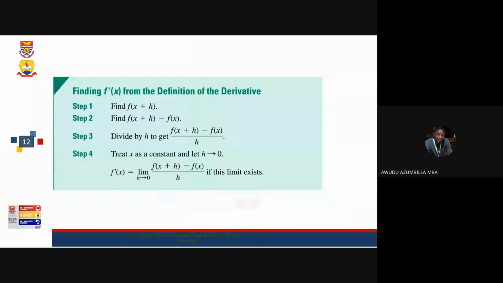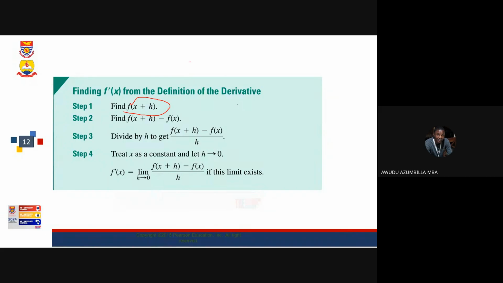Now, how do we find derivatives of a function? We are going to look at these 4 steps in order to enable us to find the derivatives of the function. First, we are going to find the value of f of x plus h.